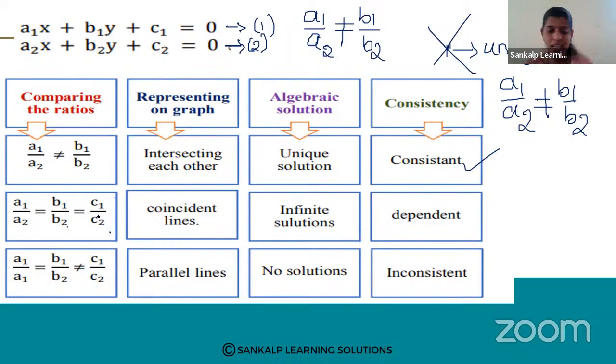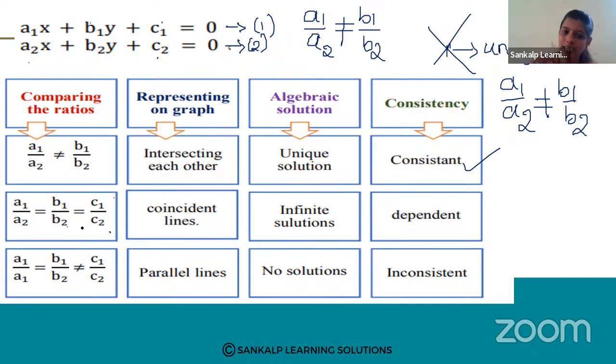Ratios means comparing, right? You are comparing a1 divided by a2, b1 divided by b2, c1 divided by c2.